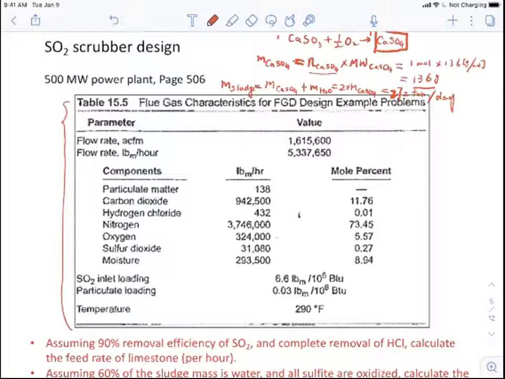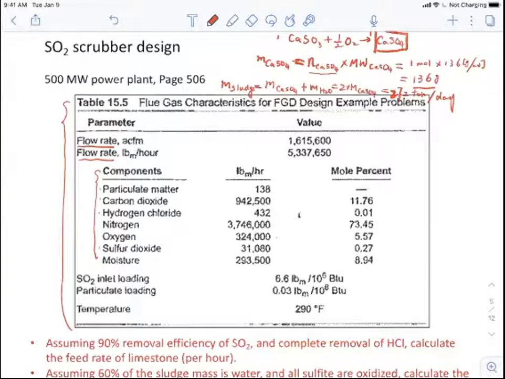For example, it provides the total flow rate, right? It also provides the mass flow rate of the flue gas. But what's more important is that they give this breakdown of all of the air pollutants here. For example, you have particulate matter, carbon dioxide, hydrogen chloride, nitrogen, oxygen, sulfur dioxide, and moisture, okay?